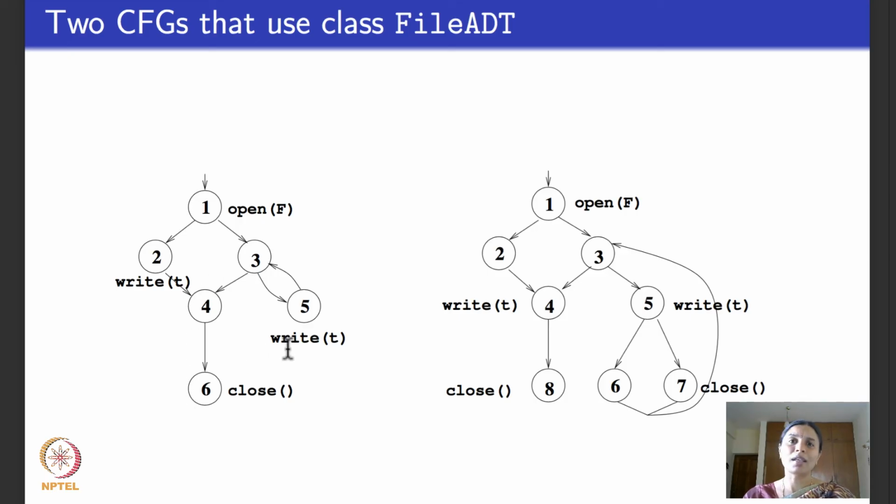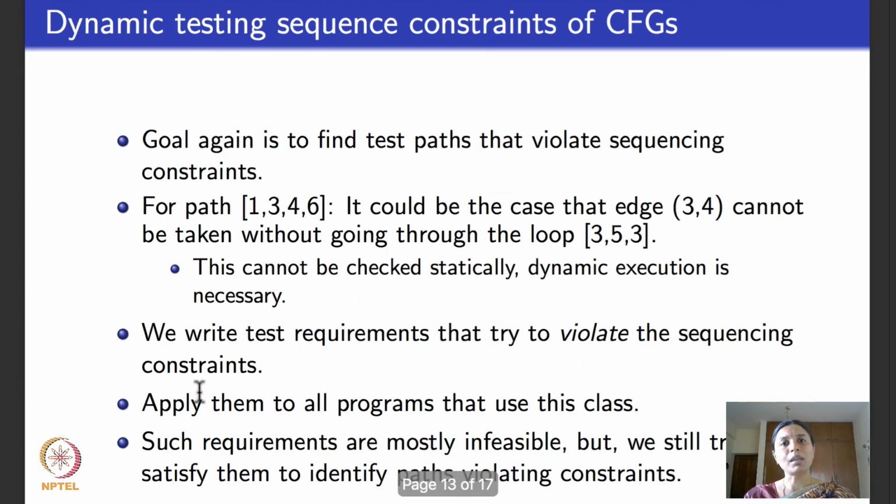It could be the case that the loop was a do-while loop and you're forced to execute at least one iteration of the loop. So suppose you have that, then when you do dynamic testing, you will know about it because you actually execute the software, and then path 1, 3, 4, 6 might not be an actual violation of a sequencing constraint.